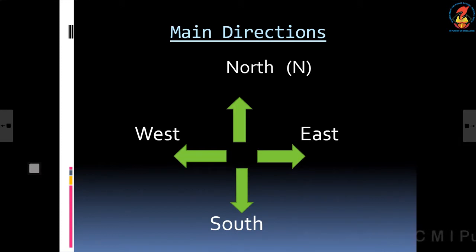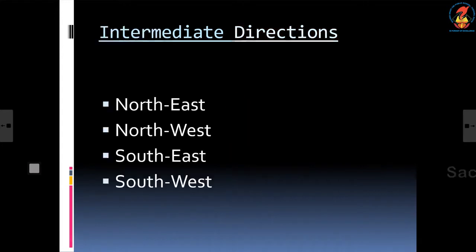Next, the right side is always known as east, and the opposite side is known as west. From your angle, your right side is east and the opposite side is west. So these are the main directions we are using, north, south, east and west.